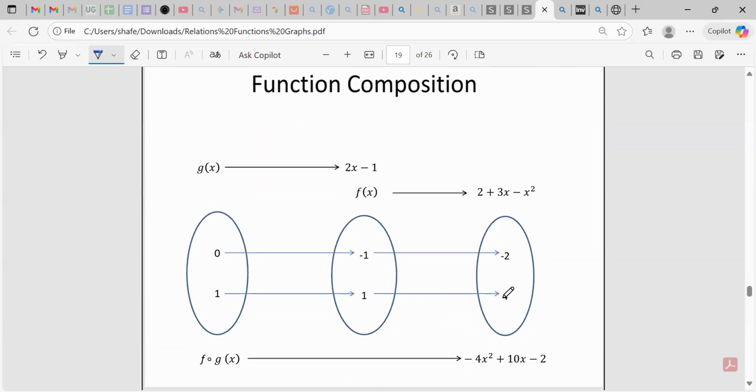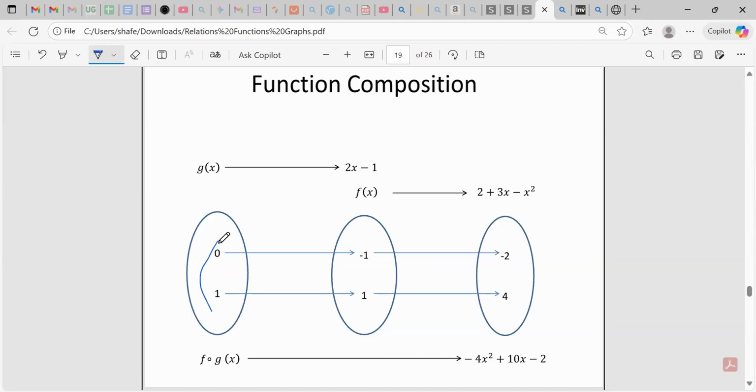And I try to illustrate it here. If I take g(x), I take the numbers 0 and 1, put them in g(x), the output is going to be minus 1, 1. If I take this now and put it in f(x) as the input, I get out minus 2, 4. So I did two functions here.